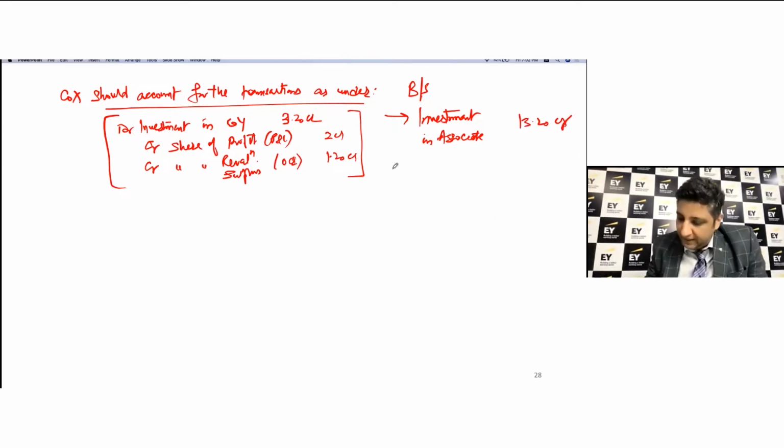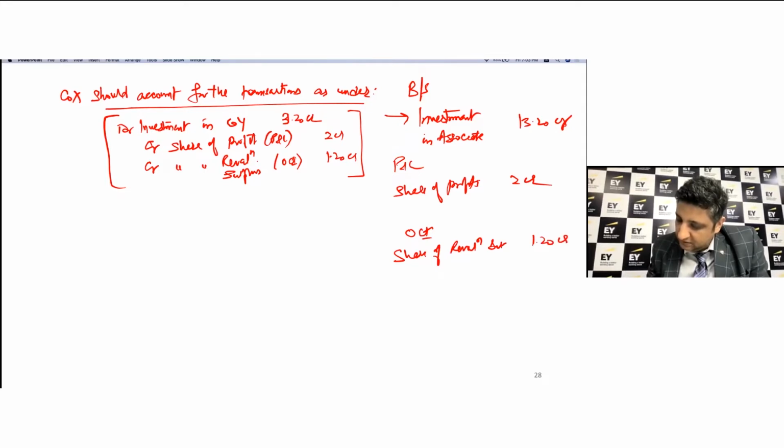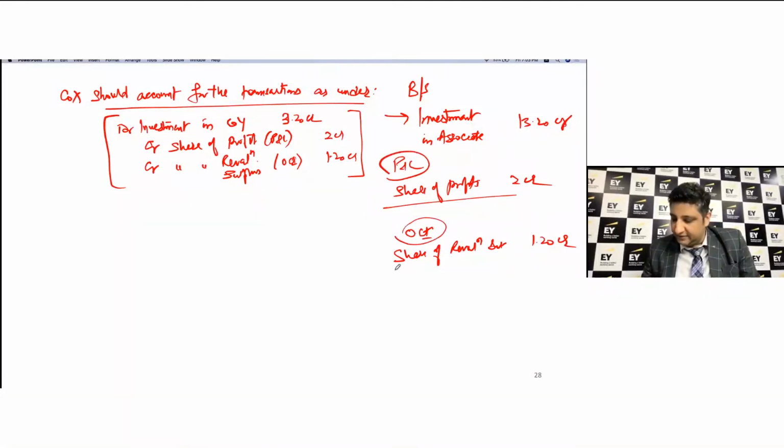In the P&L, you show share of profits, which is 2 crores, and in the OCI, you show share of revaluation surplus, which is 1.2 crores. So this is how the entire flow of the transaction will move in this case.